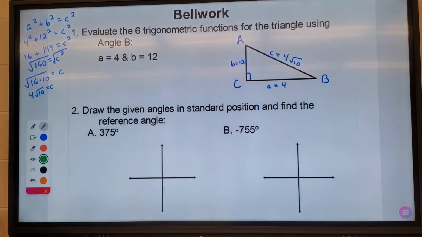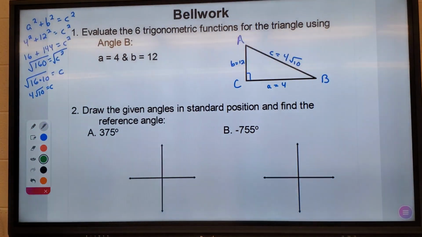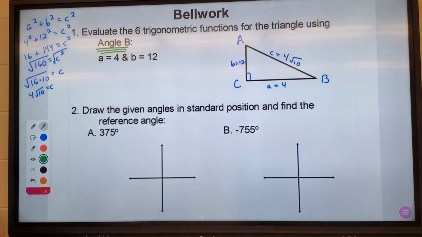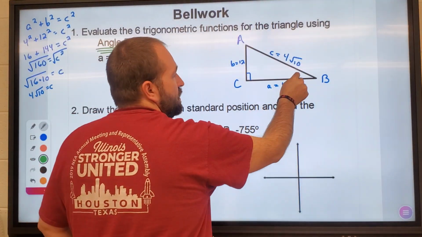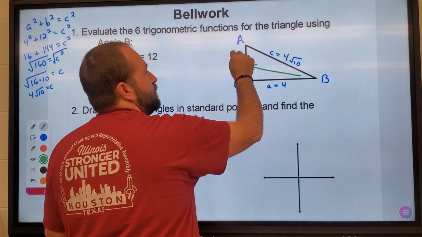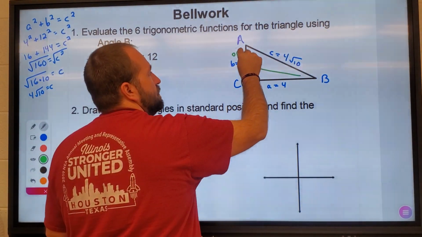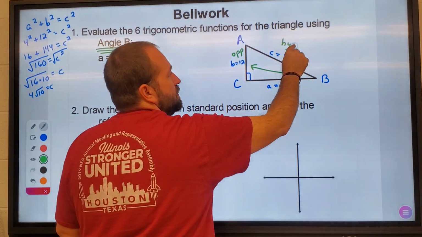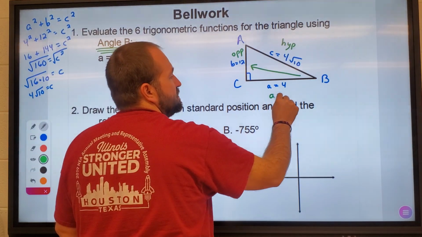Okay. To evaluate the 6 trig functions, again, we're using the angle B here, so make sure you pay attention to that. Again, that's essential because we're going to go to angle B here, and what I do is I just draw the arrow and indicate which one is my opposite side. The right angle opposite side is my hypotenuse, and that makes this then my adjacent, ADJ.